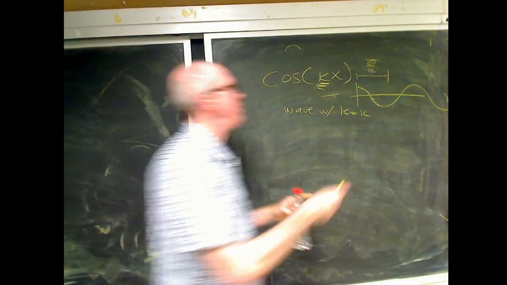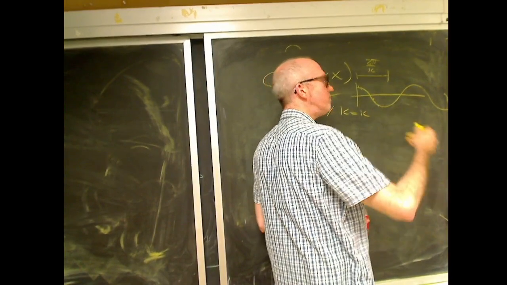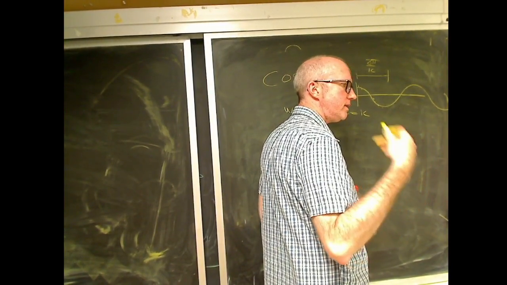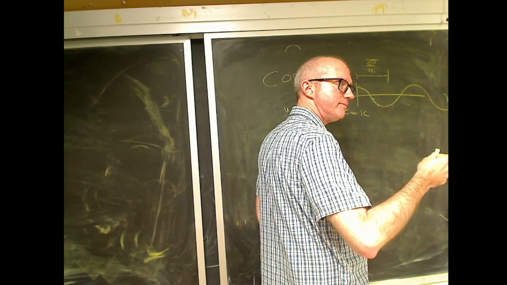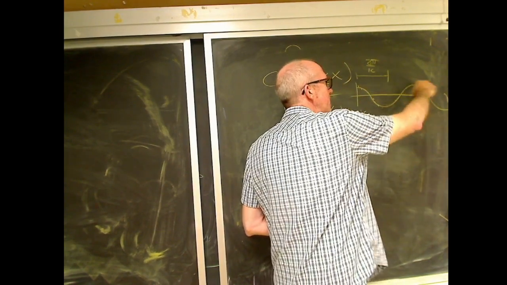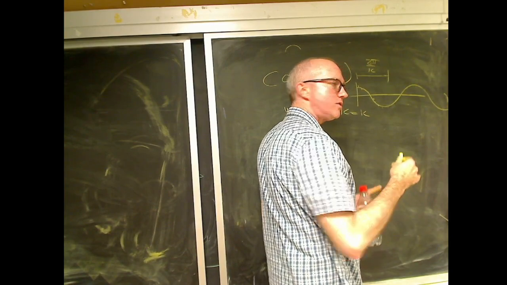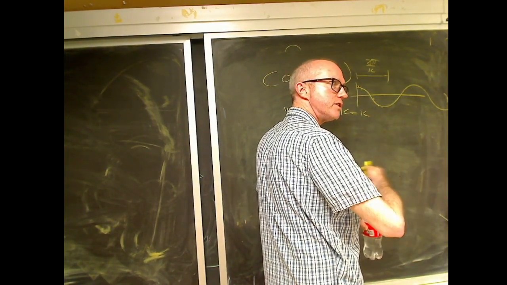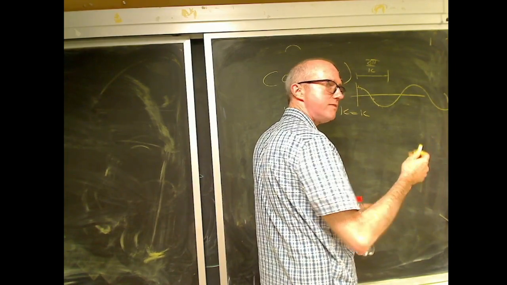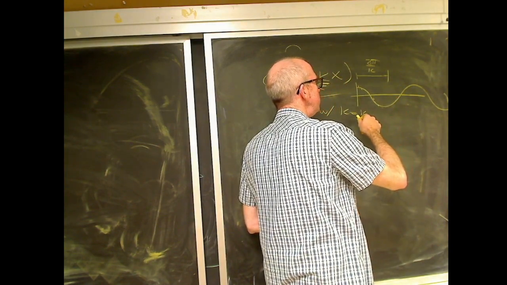So say I'm a guitar speaker, an amplifier. It's going to move in and out like that. So I could write down the displacement of the speaker as a function of time. That's a lot of information. Or I could just write down that I've got a wave of this size.